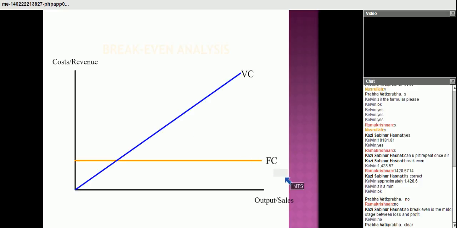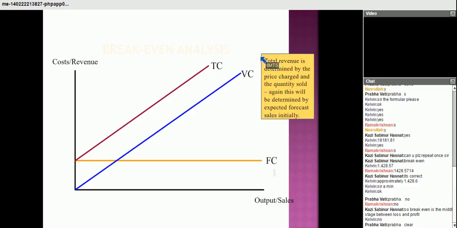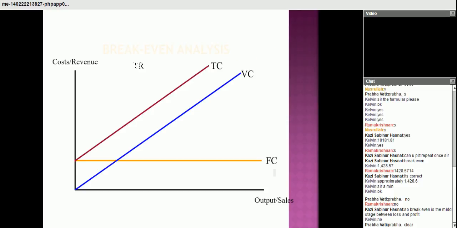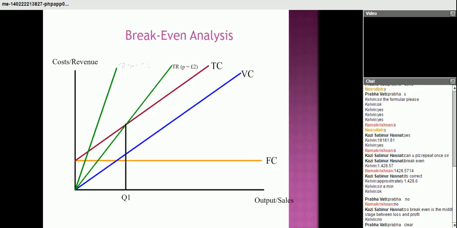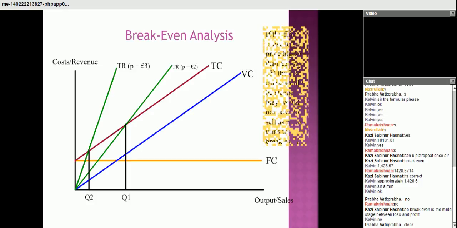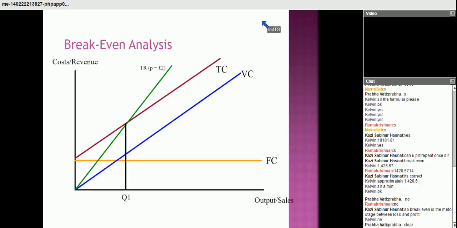This is the fixed cost. This is the variable cost. Total cost, total revenue. Nothing much important in this.